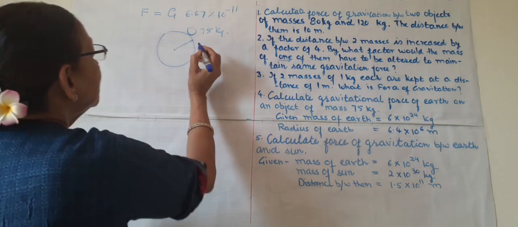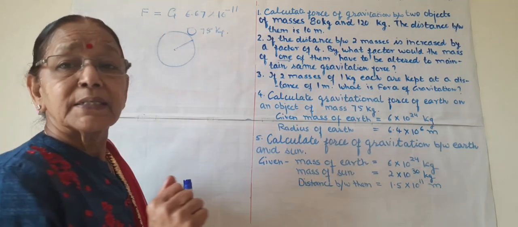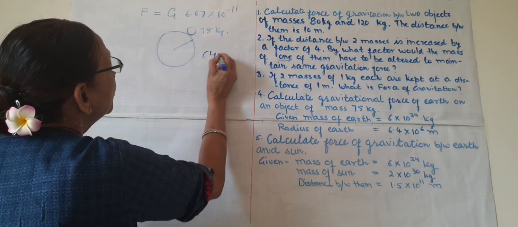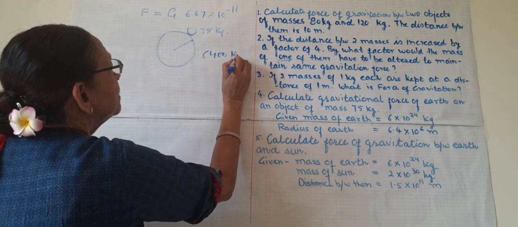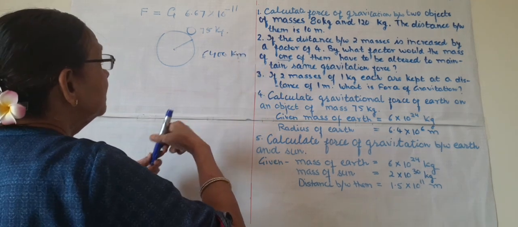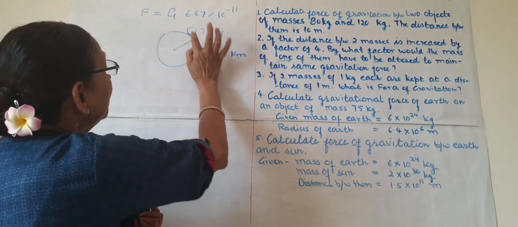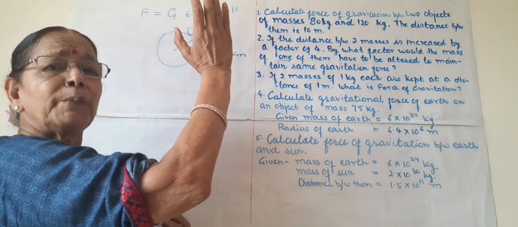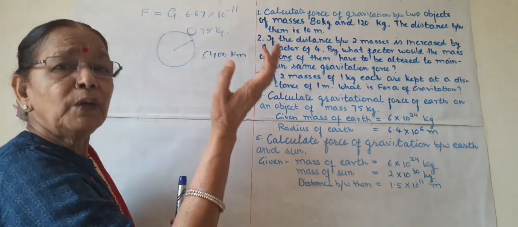The radius is 6.4 into 10 raised to power 6 meters, or it is 6400 kilometers. So the radius of earth is 6400 kilometers, and if something is placed on the surface or a few kilometers above, then it doesn't matter much.